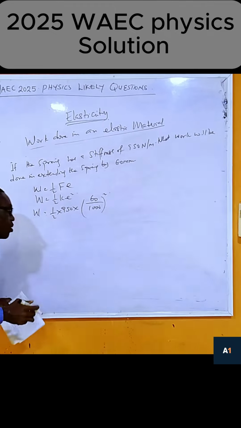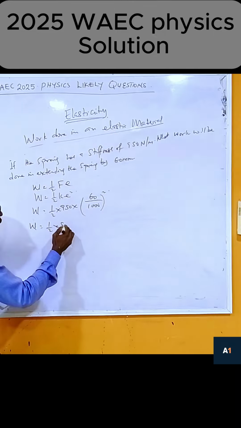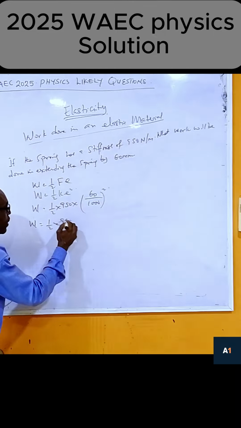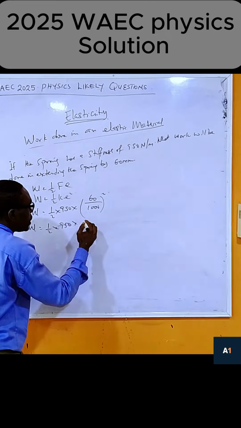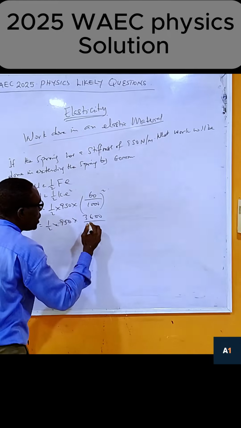Now we still need the calculator. So we have half times 950 times 6 squared, which is 36, all over 1 million.